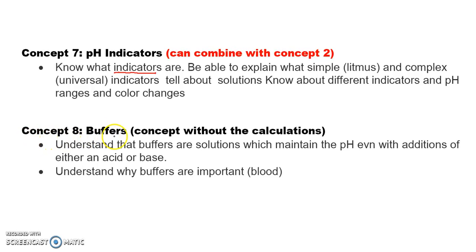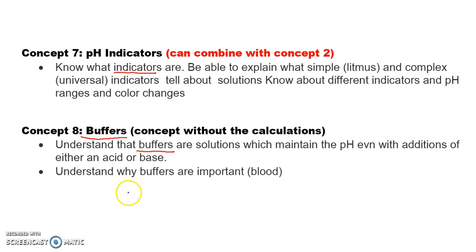Concept number 8, which is all about buffers. Remember, we want to keep this simple. We just need to make sure that students understand what buffers are, where we find them, and where they're used. That way it'll be quite easy for them to understand why buffers are important and where in industry we would use these.